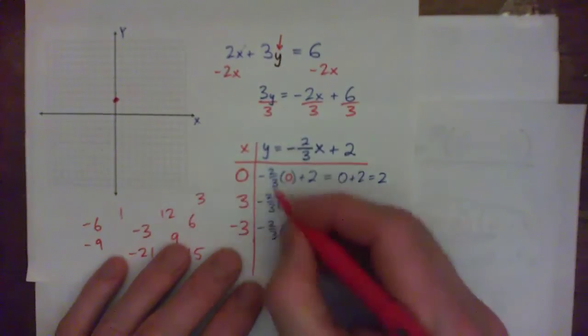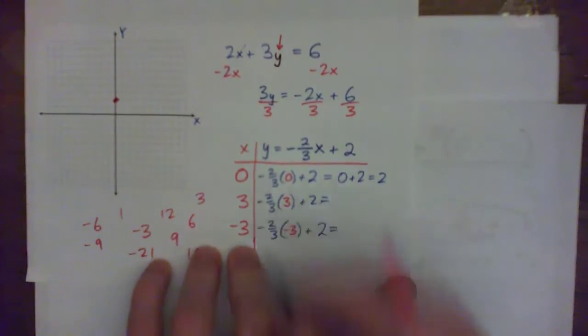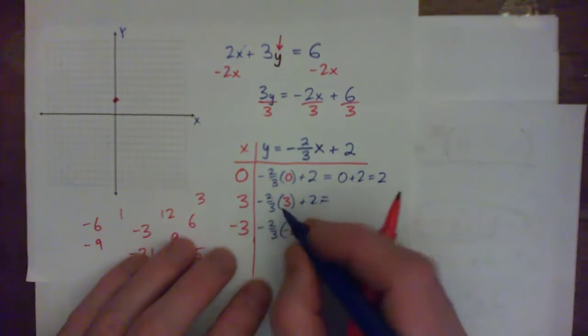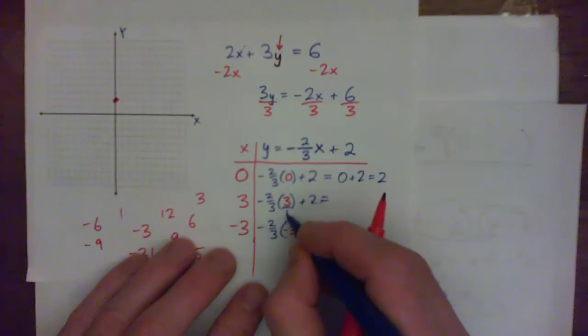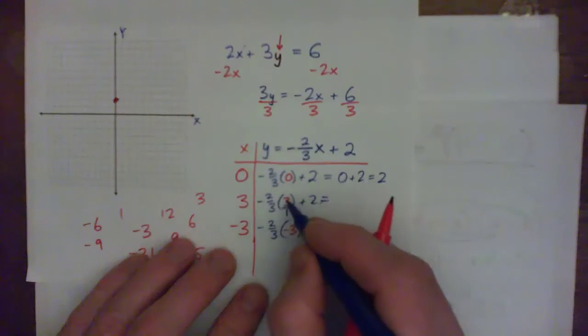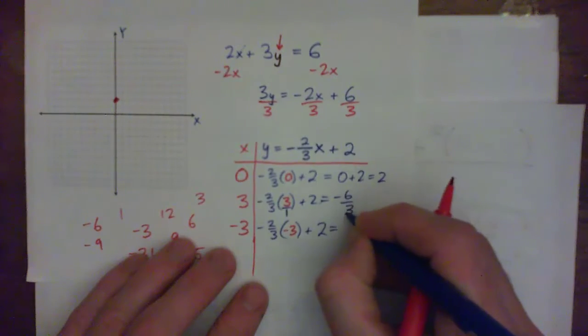Alright, so I plug in 3, then I plug in -3. So plug in 3. There's a couple of ways of doing this. You get -2/3 times 3. You can write that 3/1 if you want to. Or you could just go -2 times 3, that's -6/3. So that's an important step.